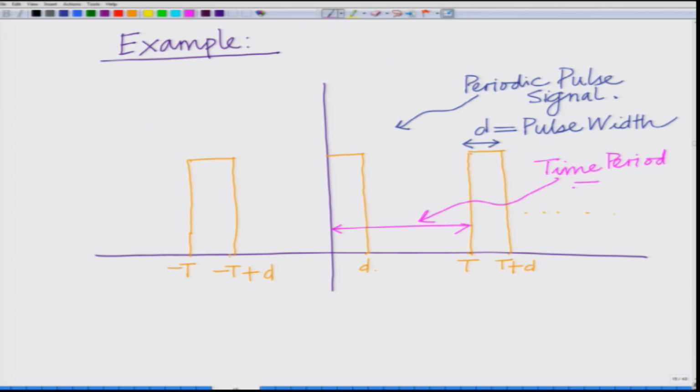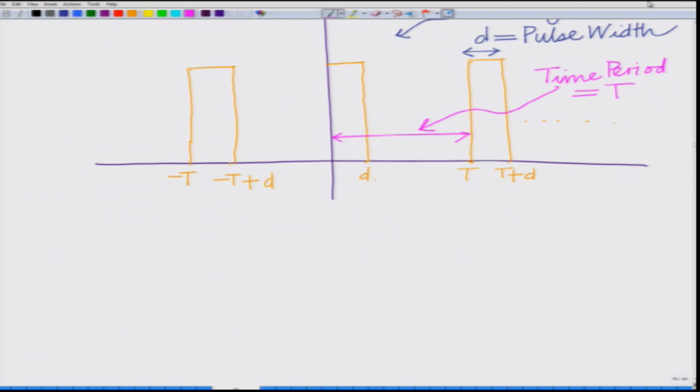This is a particular pulse, all right. Let us set d equal to T by 4 for the purpose of this example, where d is the width of the pulse in time.